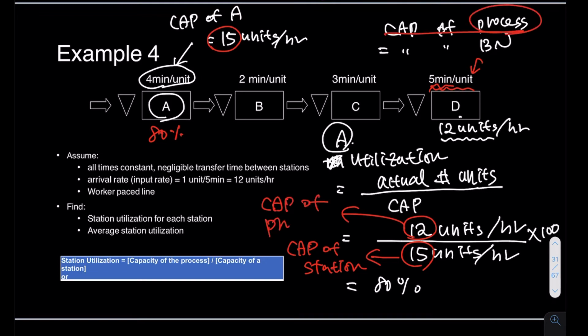So the capacity of a process. So either using capacity or cycle time, you can get the utilization of each station. Okay, so now pause the video and try to get the utilization for stations B, C, and D by yourself.